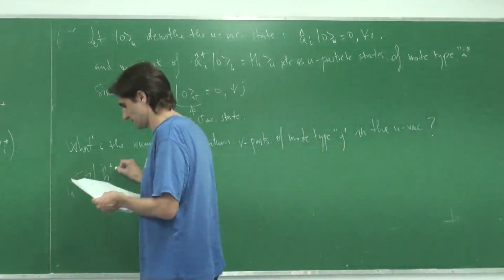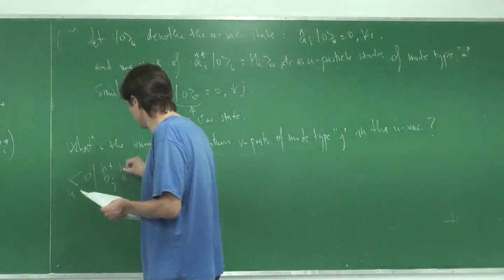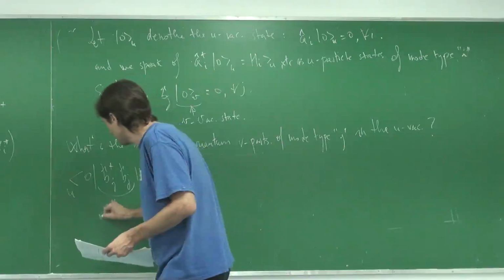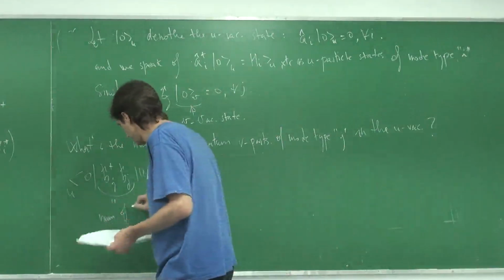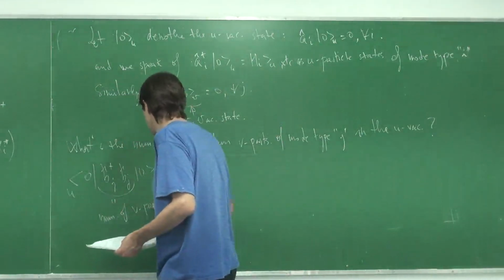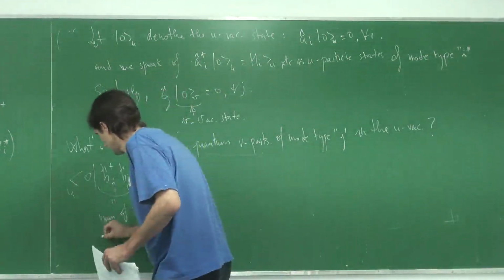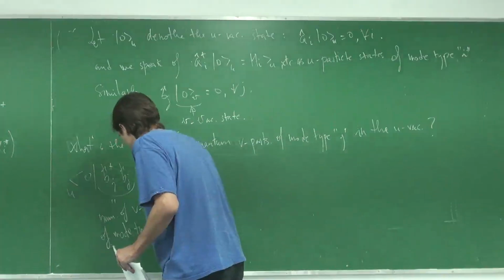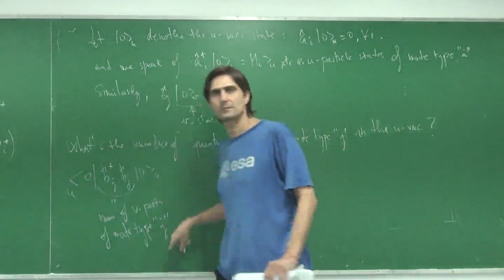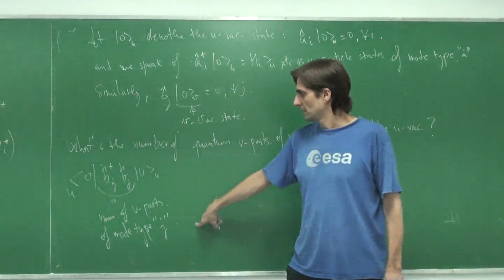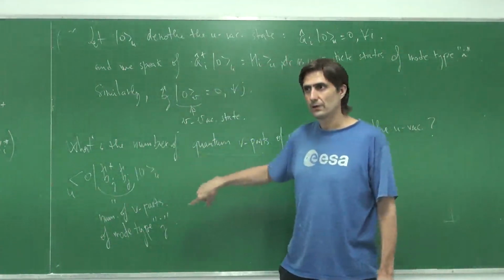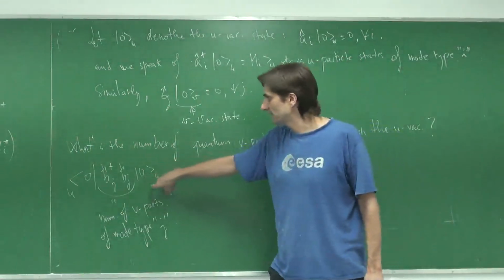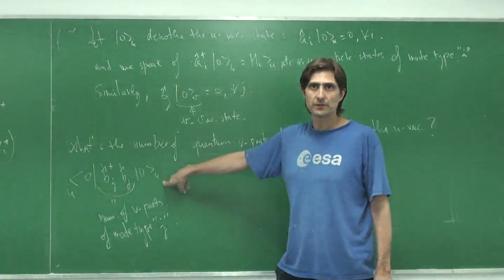So this is the number of V particles of mode type J. I want to know the expectation value of this number operator when the field is in the U vacuum state.